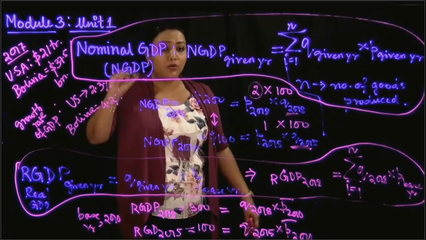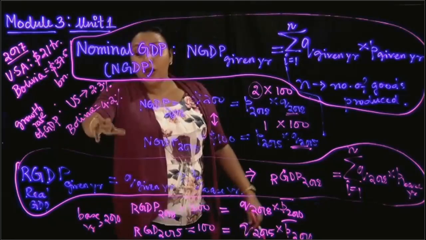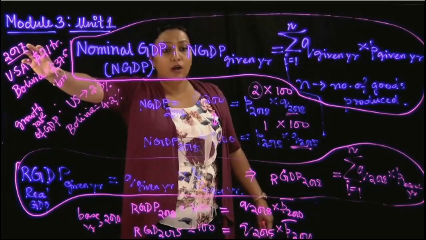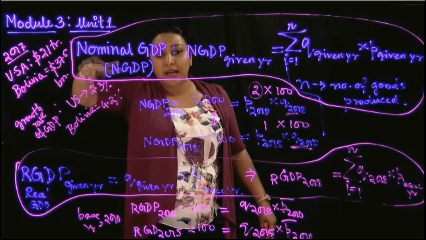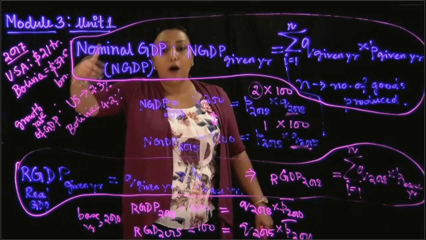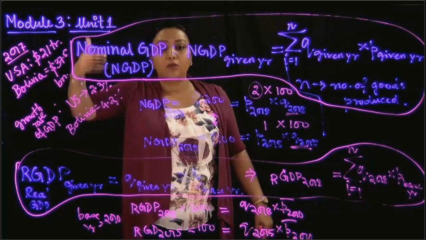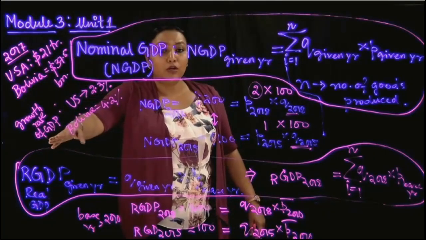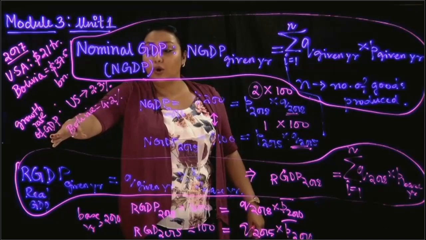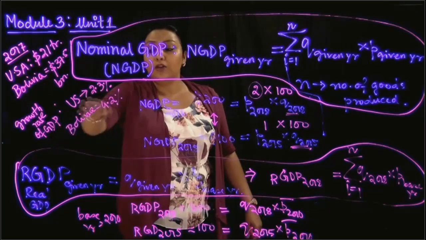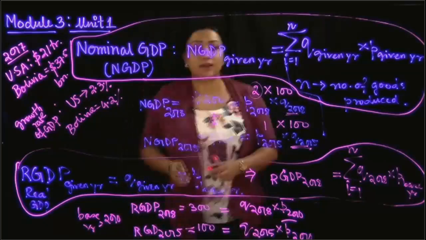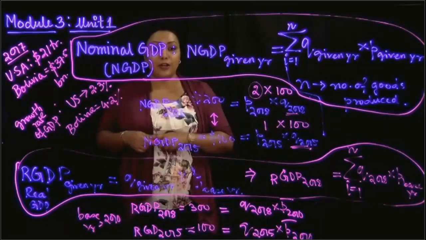We are not going into those reasons yet, but all I'm trying to say is that these absolute numbers do not tell you anything about the pace of growth of an economy, how fast the economy is growing, or what is the magnitude of that growth. So it is also important to know how to find out the growth rate of real GDP, because that gives you a lot of information about how rapidly your country is growing.